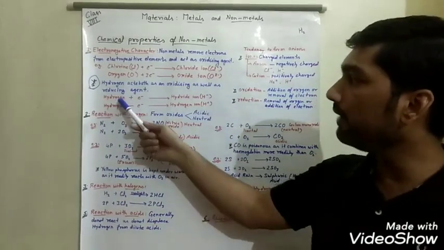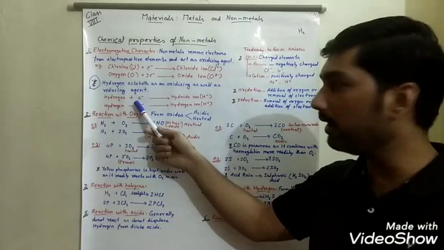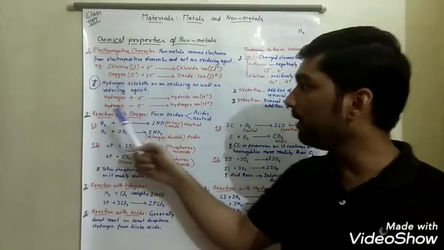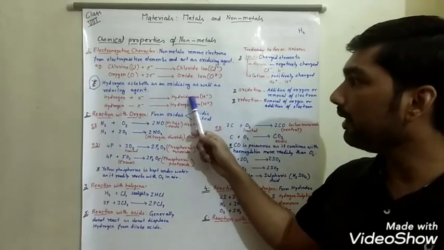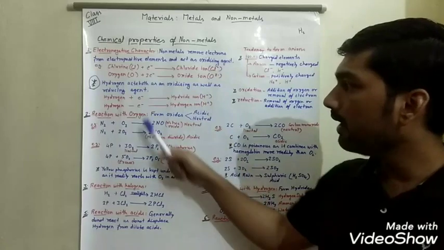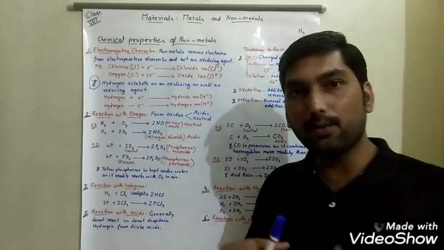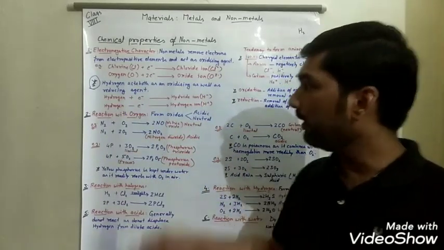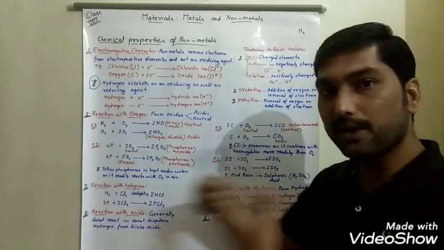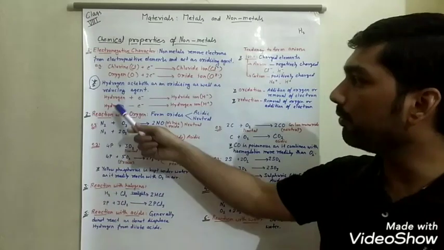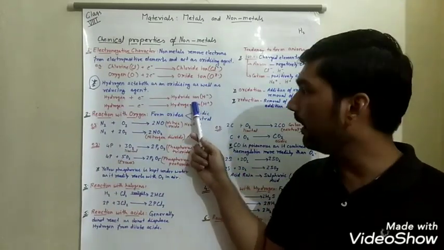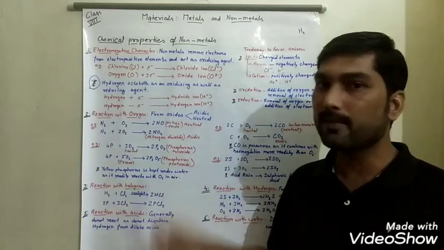So when hydrogen is going to accept an electron, meaning when it shows electronegative character, it will be converted into hydride ion, H minus. And when hydrogen is going to lose an electron, then you can see here positive, meaning one electron is released from the hydrogen, so it will be converted into hydrogen ion with a positive sign.